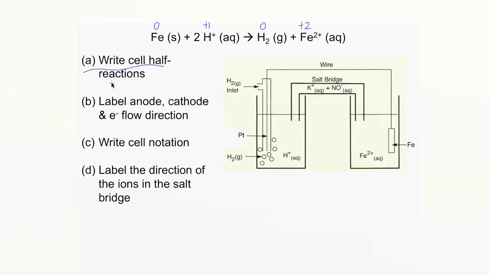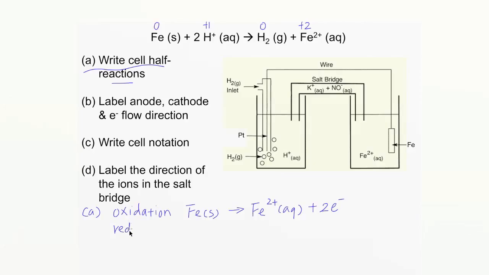Write the two half reactions. Okay, so again, the oxidation half reaction would be the iron solid to iron 2+ in aqueous solution. And again, you need 2 electrons on the product side to balance the charge.